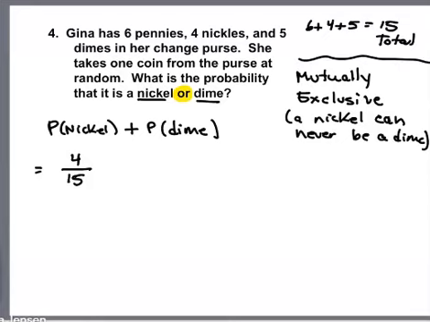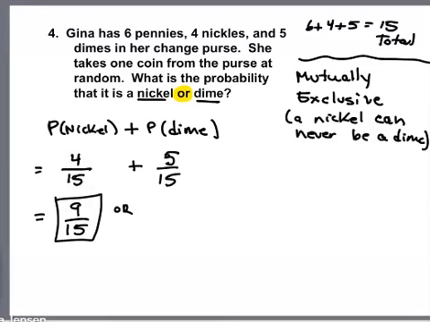All right, and probability of a dime, there are 5 dimes out of 15, so the probability is 9 out of 15. Okay, we could reduce that, of course, divide the top by 3, bottom by 3, and get 3/5. So that is mutually exclusive. There is no overlap.